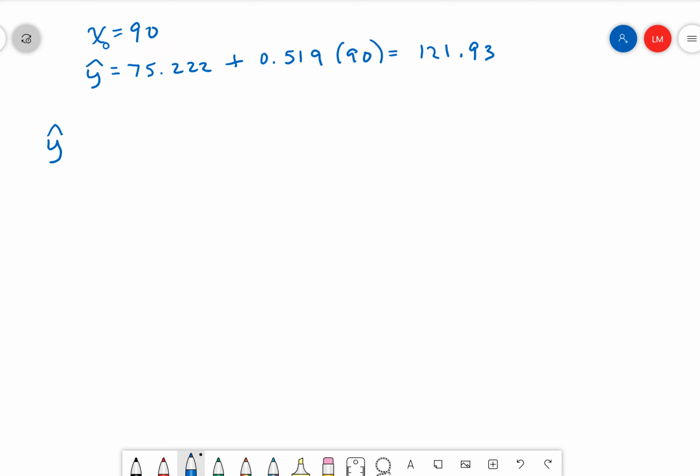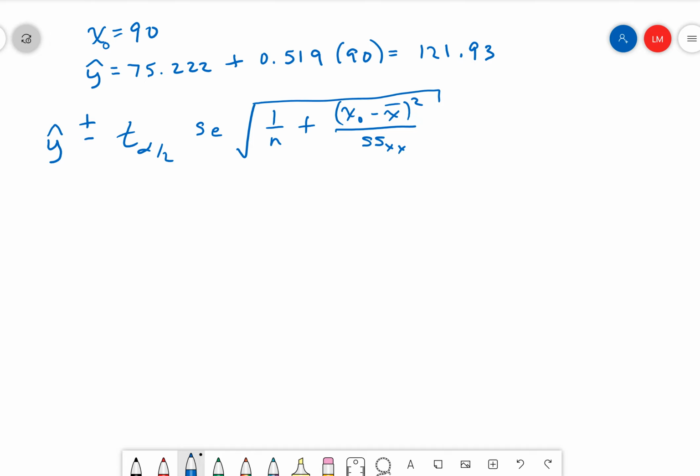So it's a new value. I want to have plus or minus the margin of error, which is going to be a t of alpha over 2 multiplied by the S e multiplied by the square root of 1 over n plus x naught subtract the average x's, squared, over the sum of squares. We have all these values, we just simply need to plug them in.